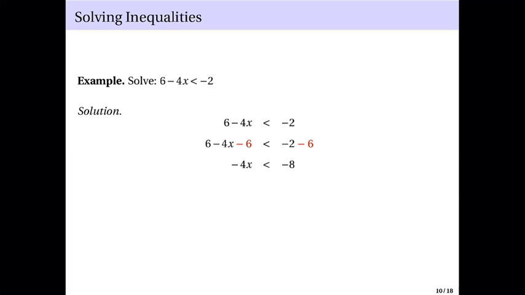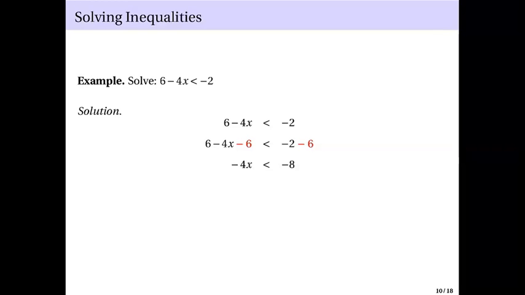Okay? And now, to isolate x completely, we divide both sides of the inequality by the coefficient negative 4, or we multiply both sides of the inequality by the reciprocal of the coefficient.